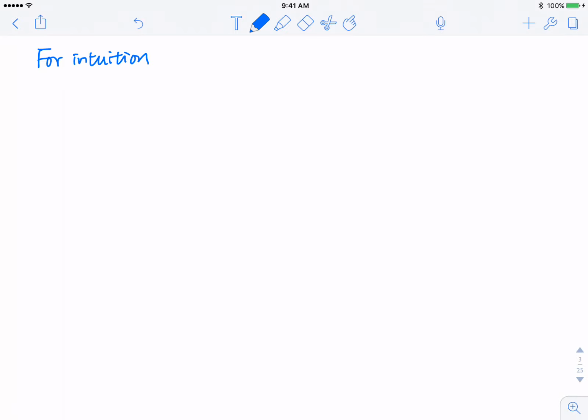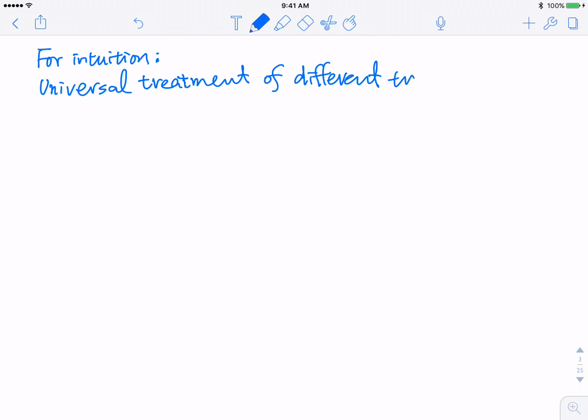This is not a golden rule you have to memorize, but there's a universal treatment of different transistor configurations. So let's, for example, look at MOS. Let's look at NMOS. It doesn't matter which it is.